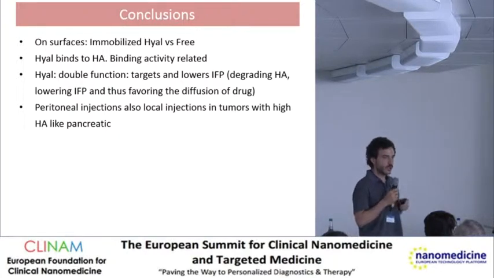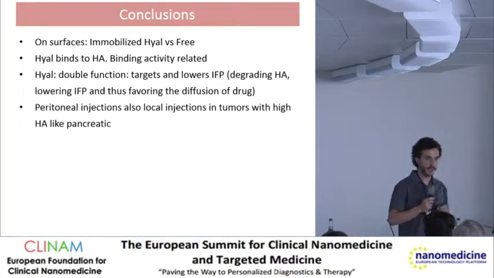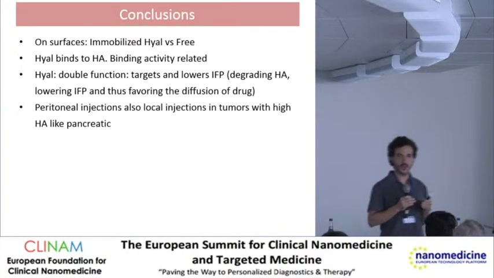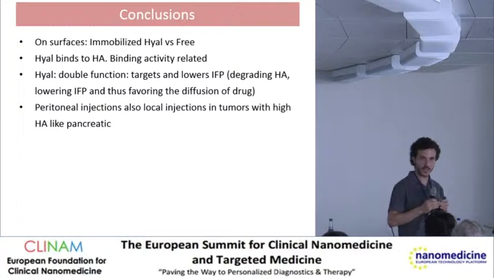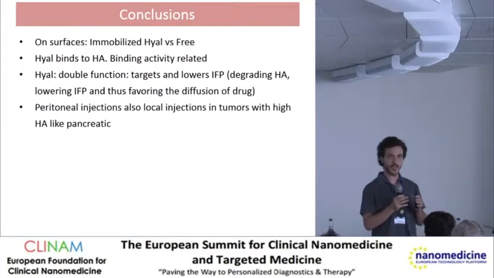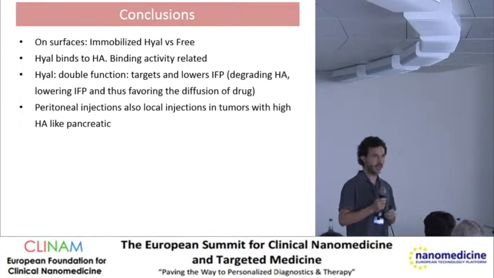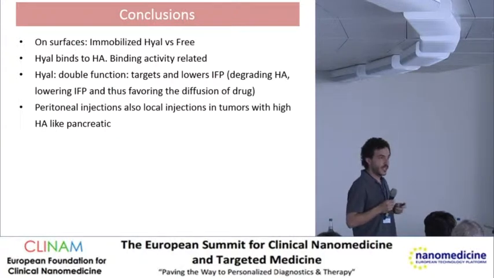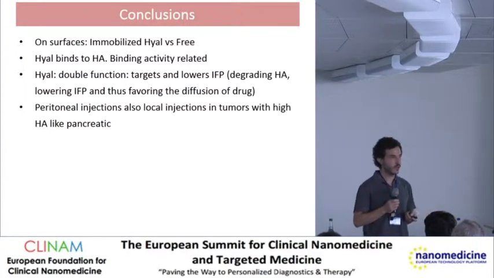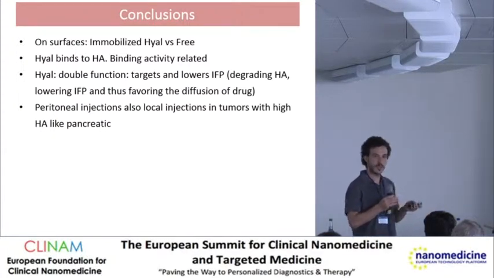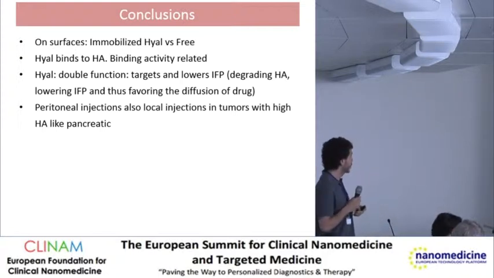So the major conclusion, and the novelty of this work, is the nanoformulation of an enzyme which has already proven to be clinically relevant and is already being used. Basically, what I show is that it's much better to put that enzyme on a nanoparticle than to use it free. And that has many implications, because it can be used for local injections, not only intraperitoneal but, for example, in pancreatic tumors.